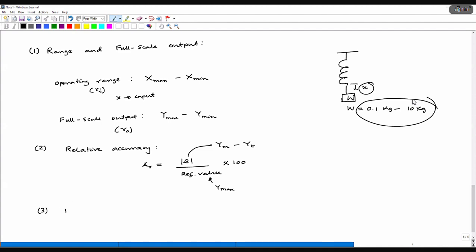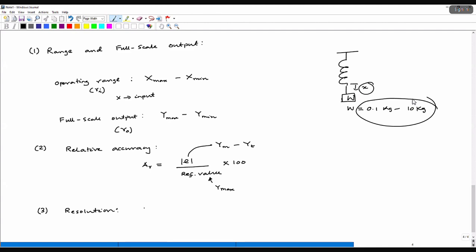Then you can define resolution. Resolution is basically, as you know, the smallest increment in the measured value that you can differentiate, right? So typically, let's say you are trying to measure temperature. Is your instrument good enough to differentiate between 1 degree and 2 degree, or does it just measure 1 degree, 5 degree, 10 degree, and so on?